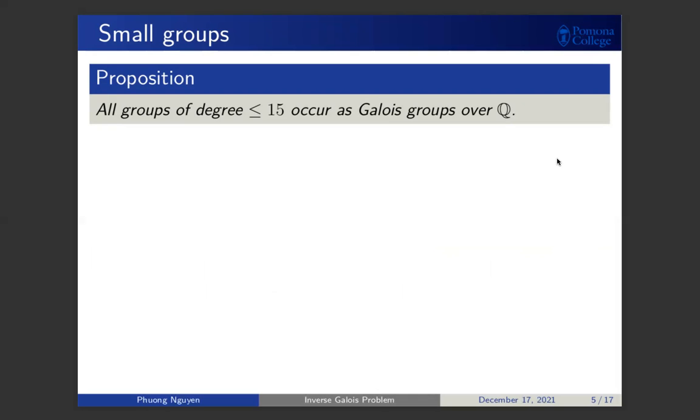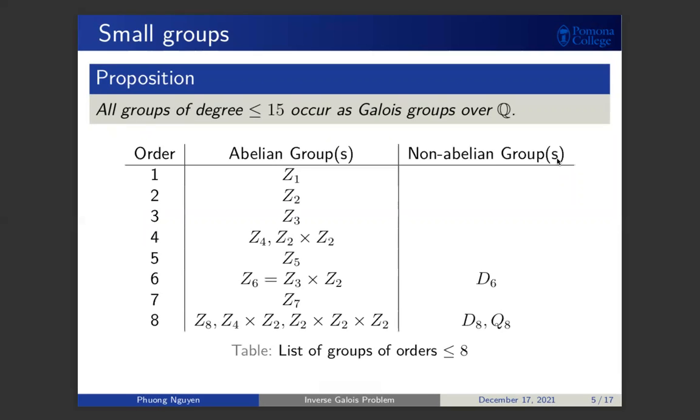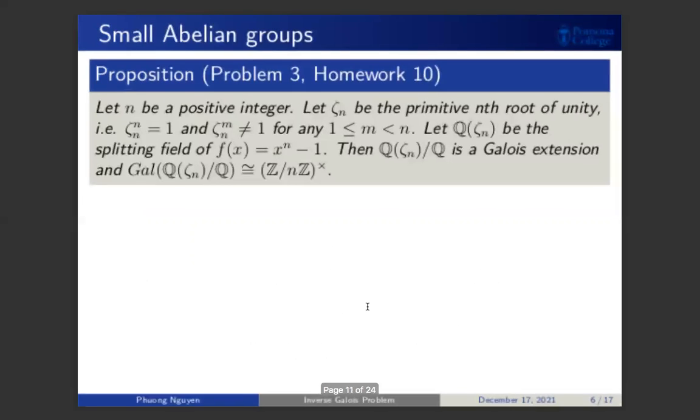There's this proposition that all groups of order smaller than or equal to 15 occur as Galois groups over Q. Let's look at this table of a few groups of order from 1 to 8. They can be categorized into abelian and non-abelian groups. We see there are a few non-abelian groups, so D6 for order 6 and D8 and the quaternion group Q8 for order 8. Let's first focus on the abelian groups.